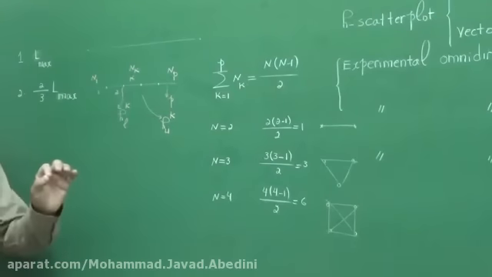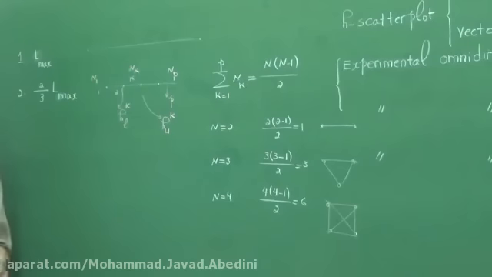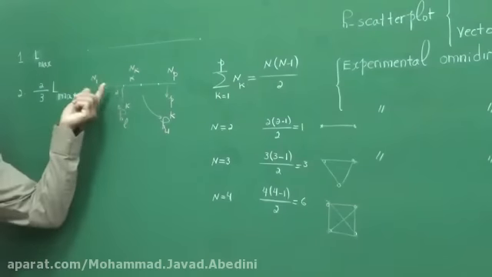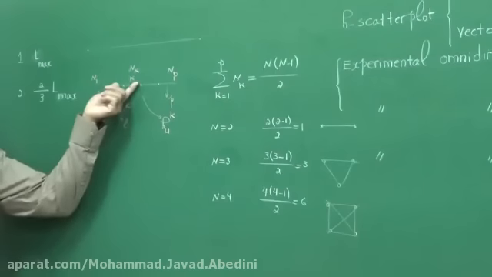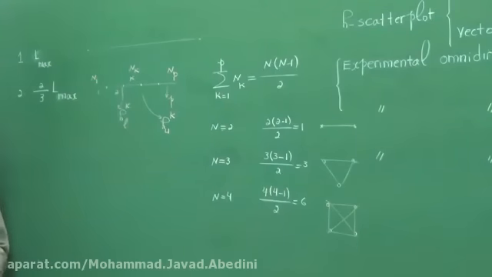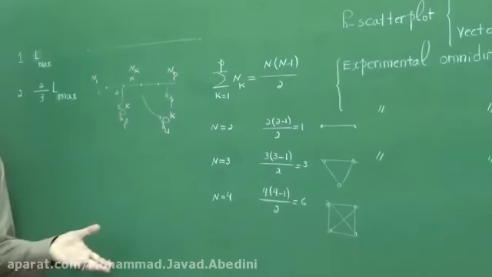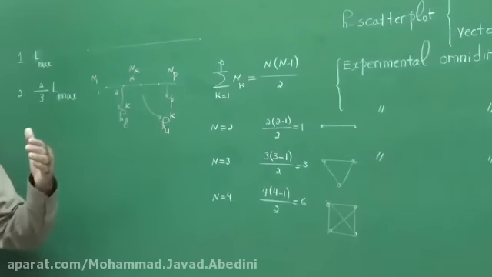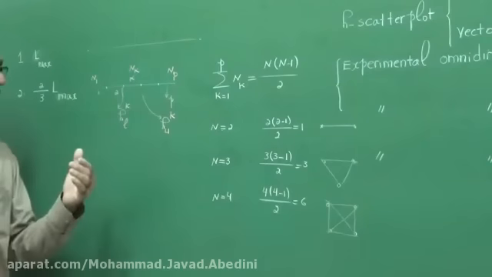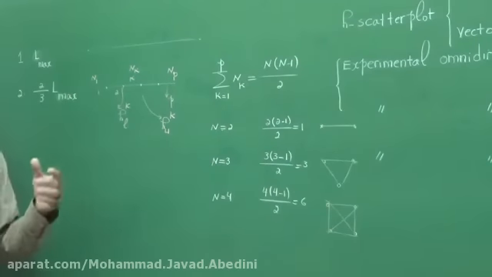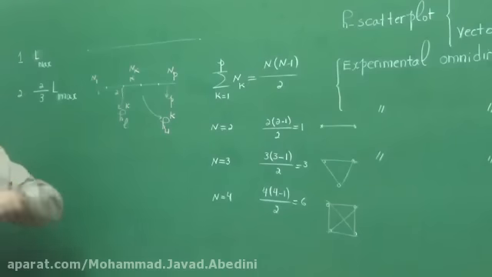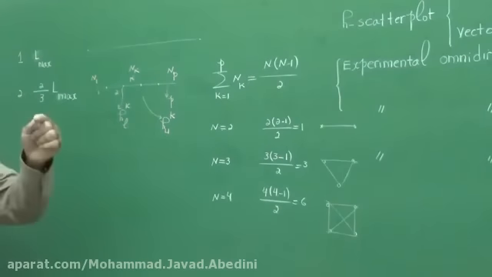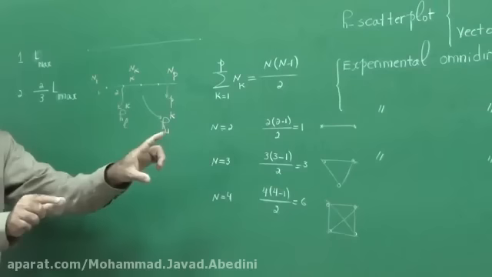If you assume that your class interval is the same, equal class interval, which means this distance is the same as this distance is the same as this distance, then the number of pairs allocated to each interval will be different. You could define a different scenario. The second choice that you might consider is to consider variable class interval, but the number of pairs allocated to each interval is the same.